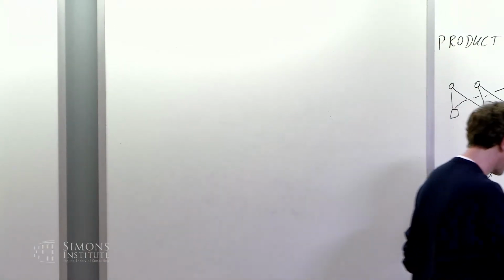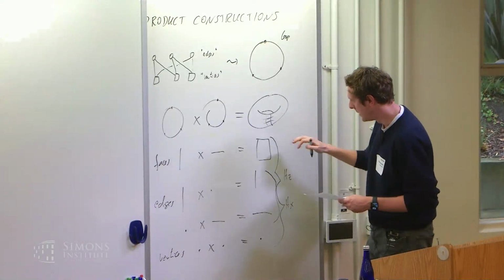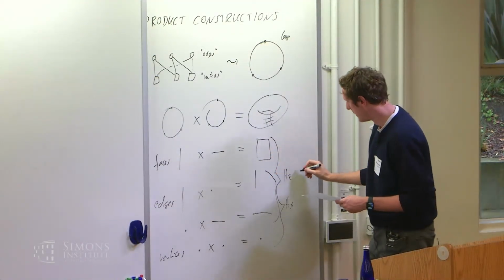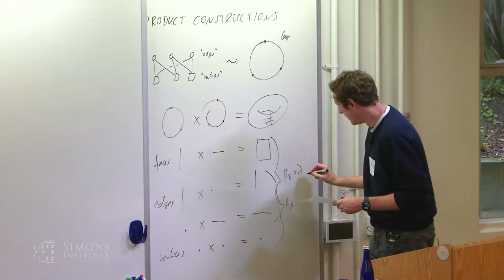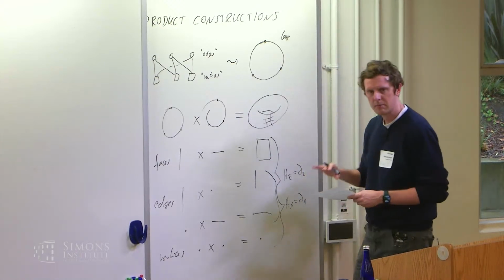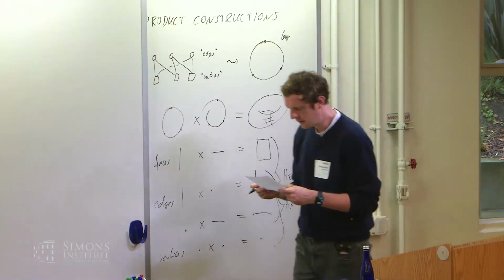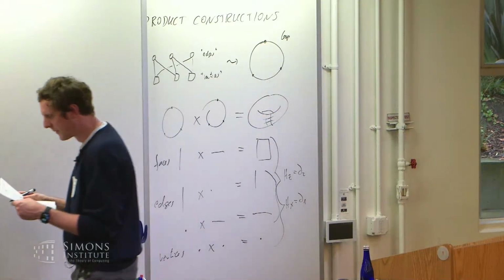Let me give a different symbol to this incidence relationship. Let me call the incidence between faces and edges del 2, and let me call this del 1. Just a little change of notation, and I always mean this when I talk about incidence matrices.